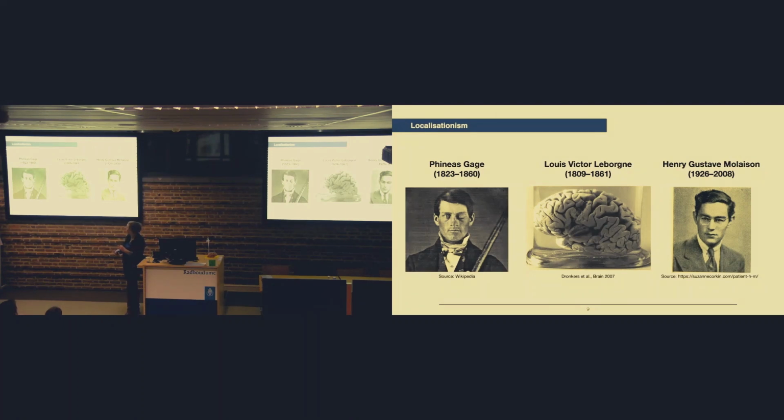If we look at the skull, you can see here the exit wound that was left on the skull. So the iron rod came through here, through his eye, cracked the skull, and flew out here.